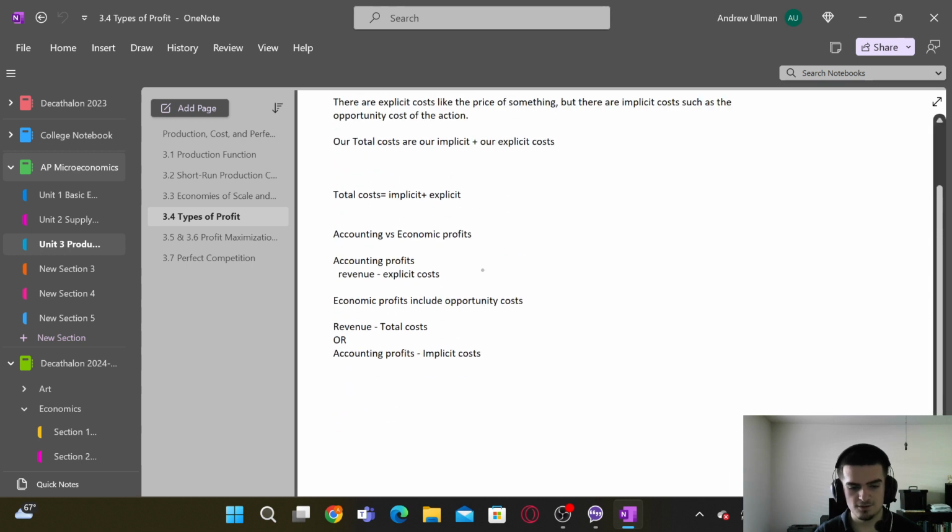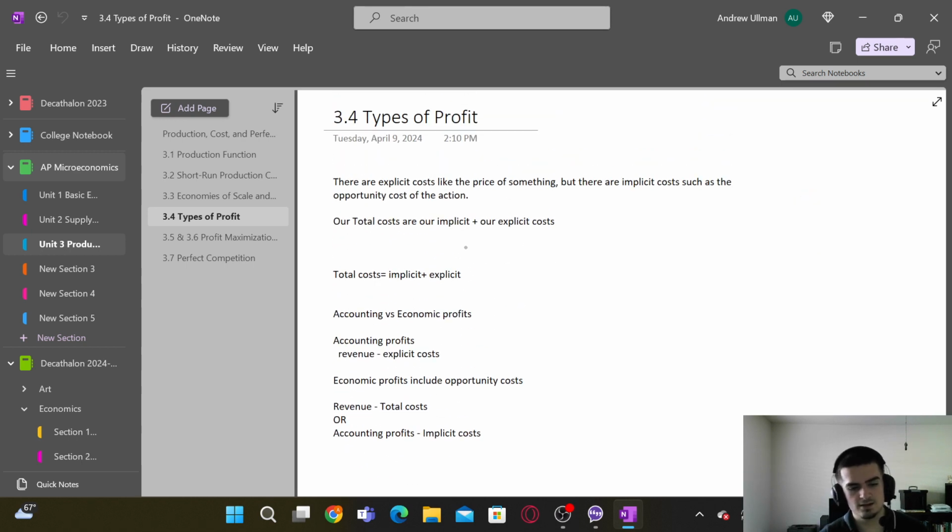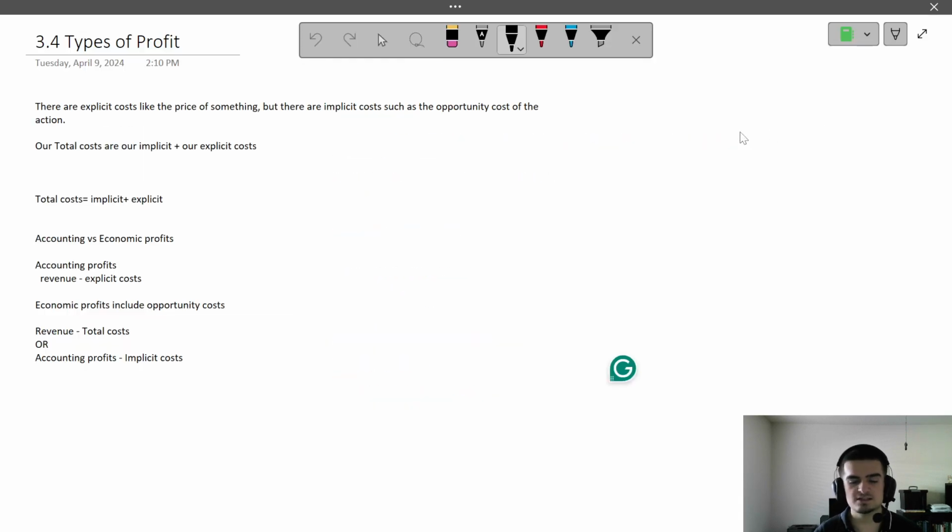Next is types of profit. There are explicit costs like the price of something. So like a movie ticket may be $20, right? That would be an explicit cost. But there are also implicit costs, such as the opportunity cost of that action.